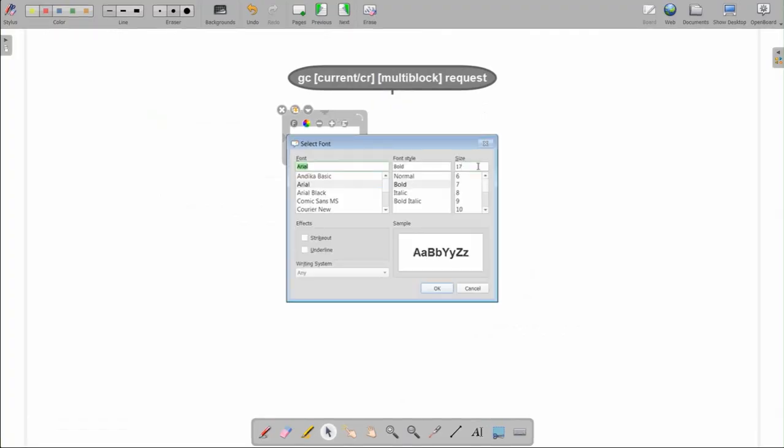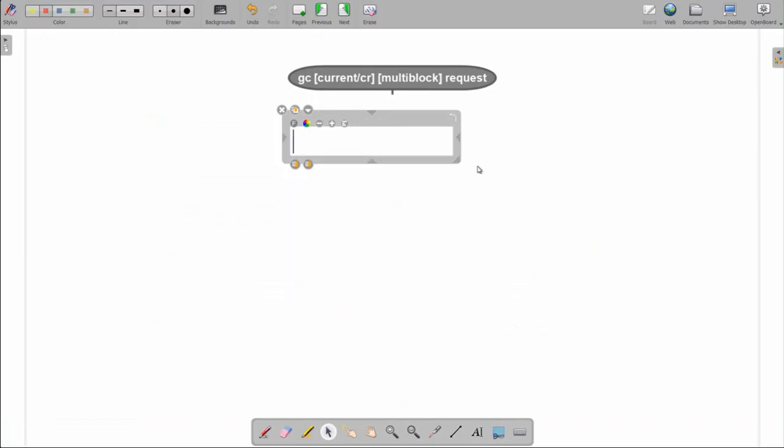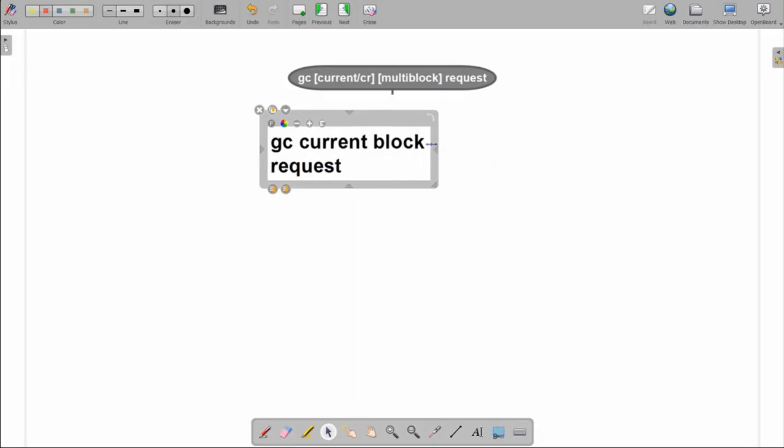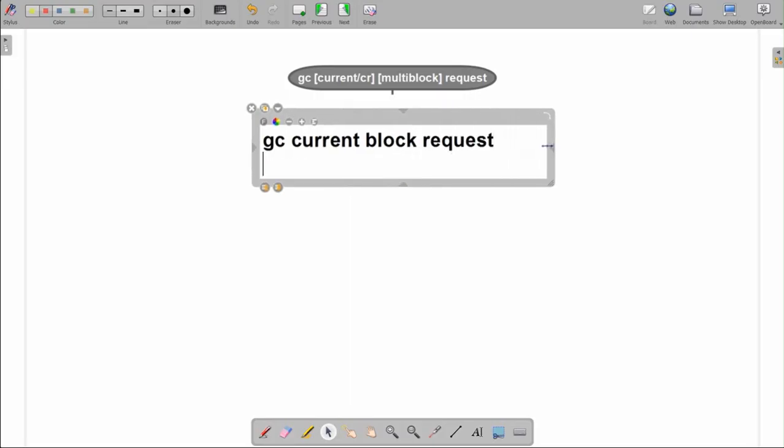Actually, this has got to be like this. And it is an example of a global cache current block request. That's one wait event. And also global cache consistent read block request.